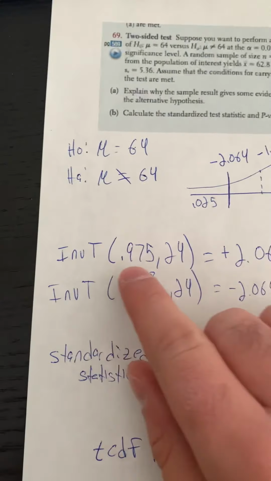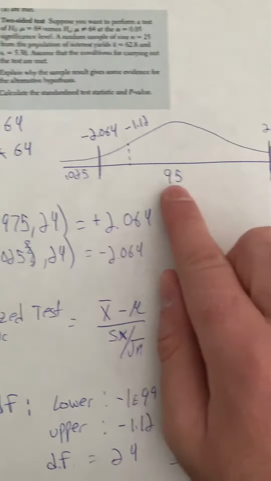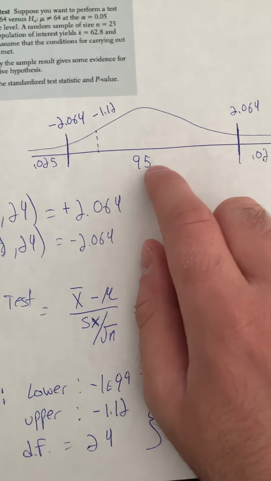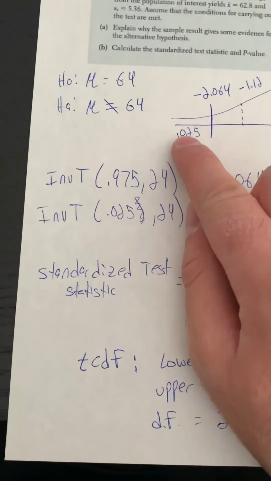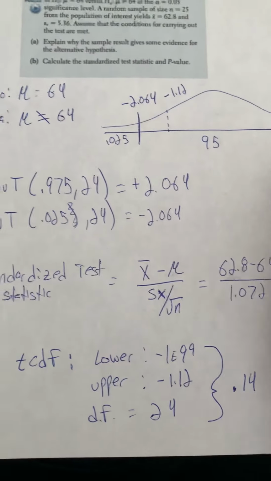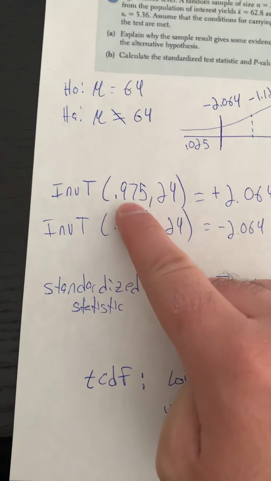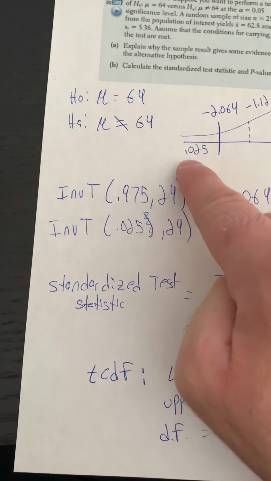If I do inverse t, and remember the calculator only accepts the area all the way to the left. So if I have 95% of the area in the middle and 2.5 in this tail, in order to get this critical value, I need to tell the calculator the entire area to the left, and that's 0.975, the middle 95% plus this 2.5.